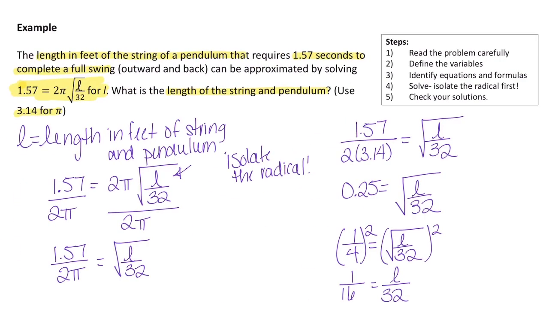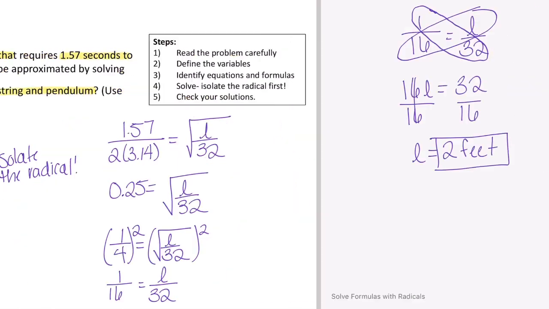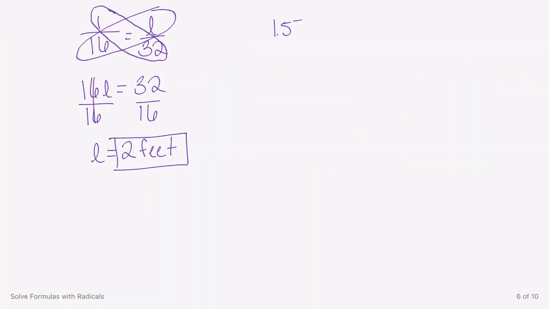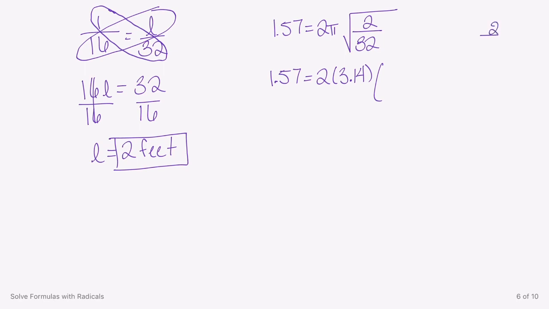Remember, I always want to go back and check my solutions. So I have 1.57 equals 2 pi times the square root of 2 over 32. That gives me 1.57 equals 2 times 3.14 times the square root of 2 over 32. Well, 2 over 32 can simplify to 1 over 16.